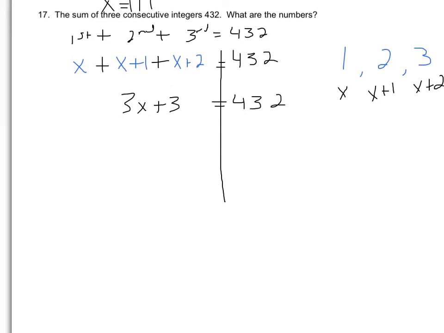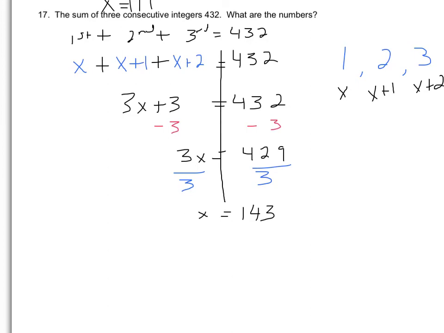Now I'm going to solve for x. So we're going to add the opposite. We get 3x equals 429. We're going to now divide by 3. And we're left with x equals 143. Alright, so the value of x is 143.